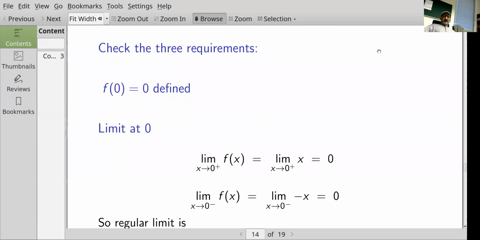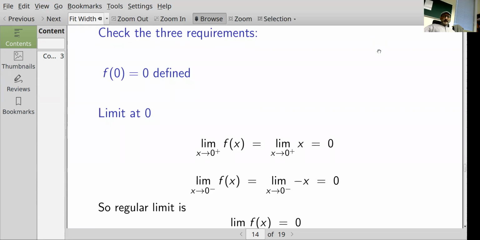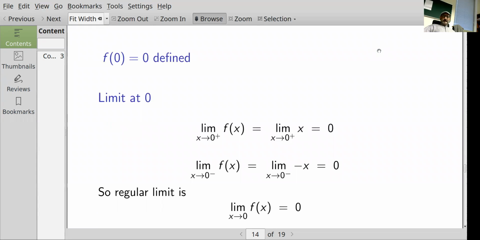We check the three conditions. F of 0 is equal to 0, so the function is defined at x equal to 0. Now when we check the limit at x equal to 0, the form of the function changes at x equal to 0. So we will do directional limits and then check if the regular limit exists.